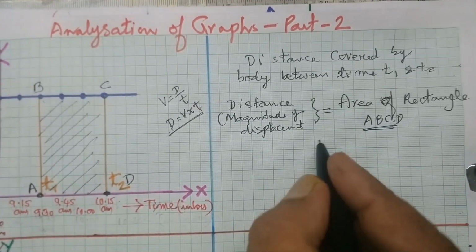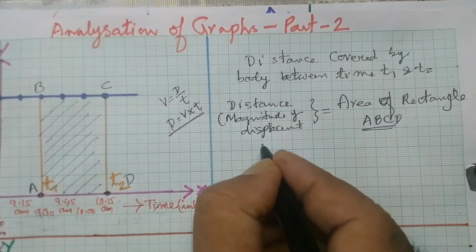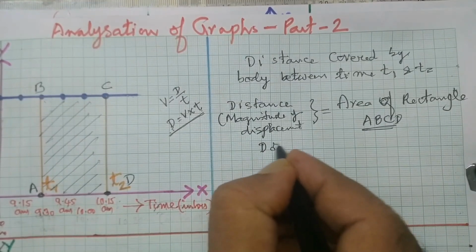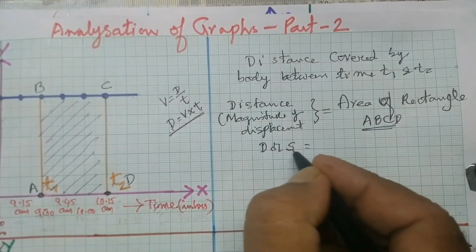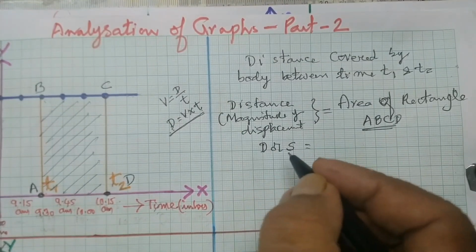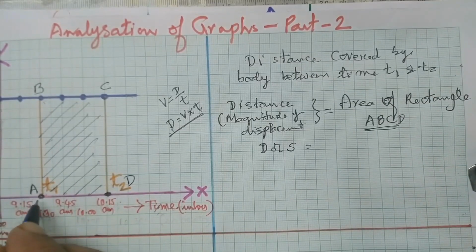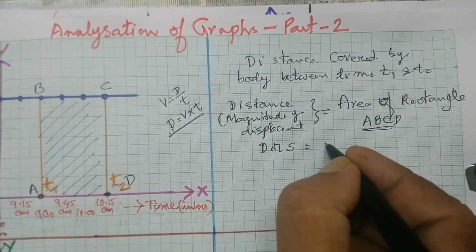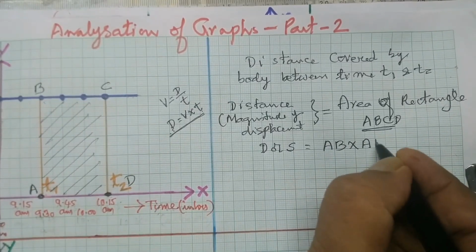Now, to calculate the area of the rectangle, distance I will indicate as D, or some books take it as S also. For convenience sake, you can use anything. So, area of the rectangle means AB multiplied by AD.